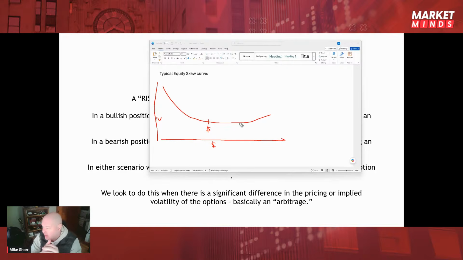So think about it like this. The collective, not necessarily us personally, but the collective position in an equity, is it long or short? What do most people have in their portfolio? Do they have long stocks or short stock? Right, they're long. So in general, the public is long.